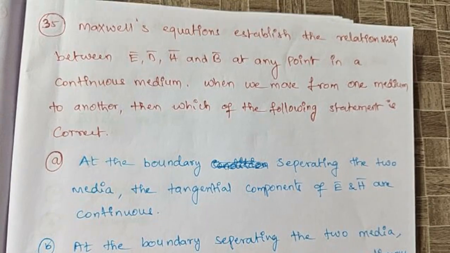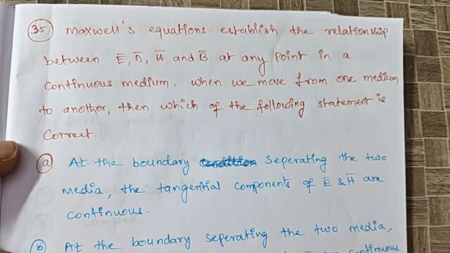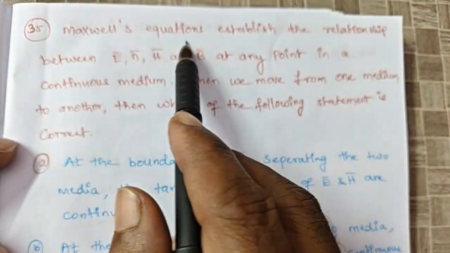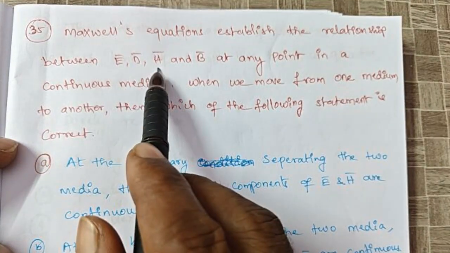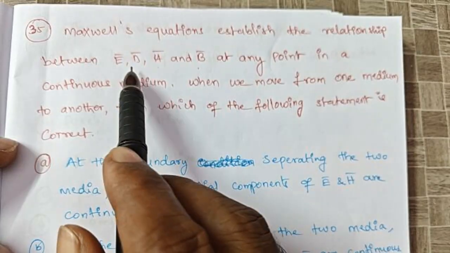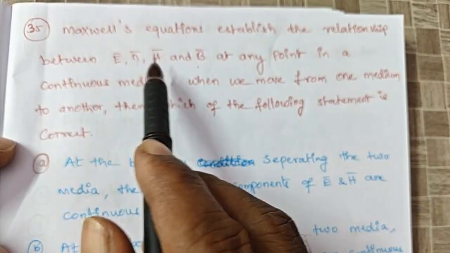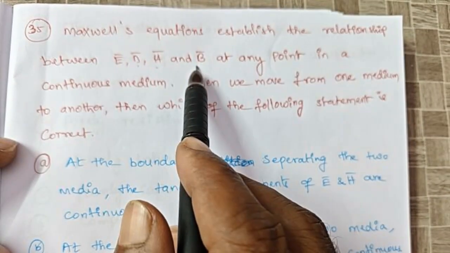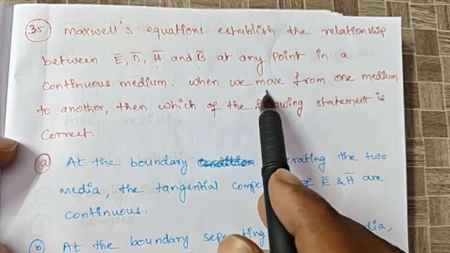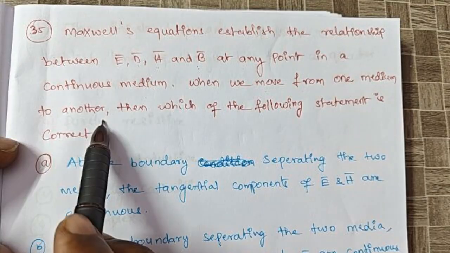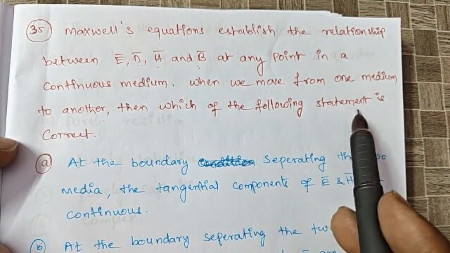Next question. Somewhat a little lengthy question. Maxwell's equations establish the relationship between E bar, D bar, H bar and B bar: the electric field intensity, electric flux density, magnetic field intensity, and magnetic flux density at any point in a continuous medium. When we move from one medium to another, which of the following statements is correct?